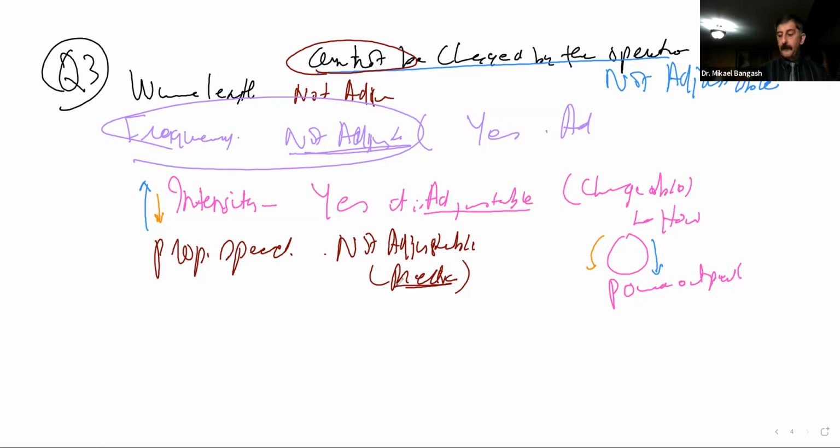Even if you take that phrase out of the question, propagation speed is still not adjustable because it is wholly and solely determined by the medium.